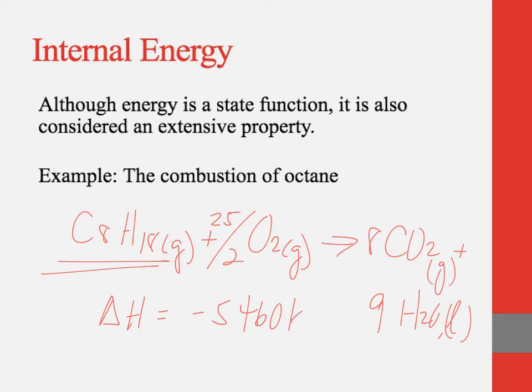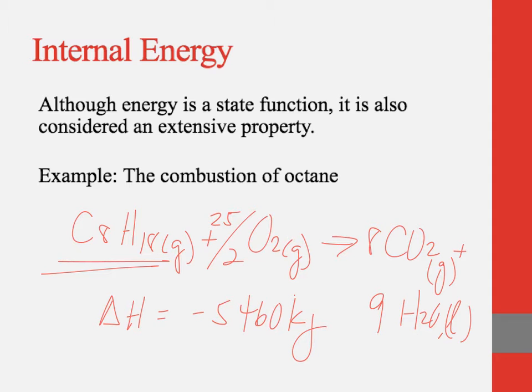5,460 kilojoules. So when we talk about heats of formation, which is yet another term, we're talking about 1 mole of the substance. So here 1 mole of octane is going to release a lot of energy.